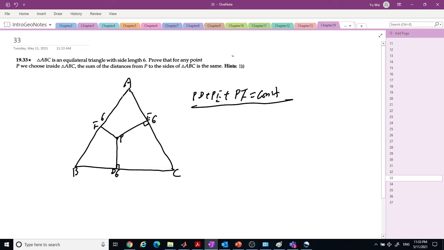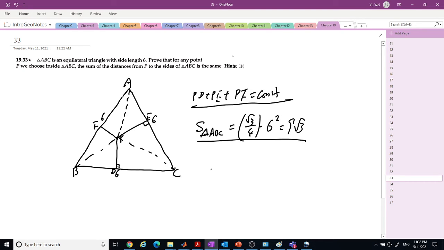This is because for equilateral triangles, we're always trying to use that the 3 sides are equal. So you can see the area of ABC is root 3 over 4 times the side length squared, which is 9 root 3. Then it's also equal to half of 6 times PD plus half of 6 times PE plus half of 6 times PF.